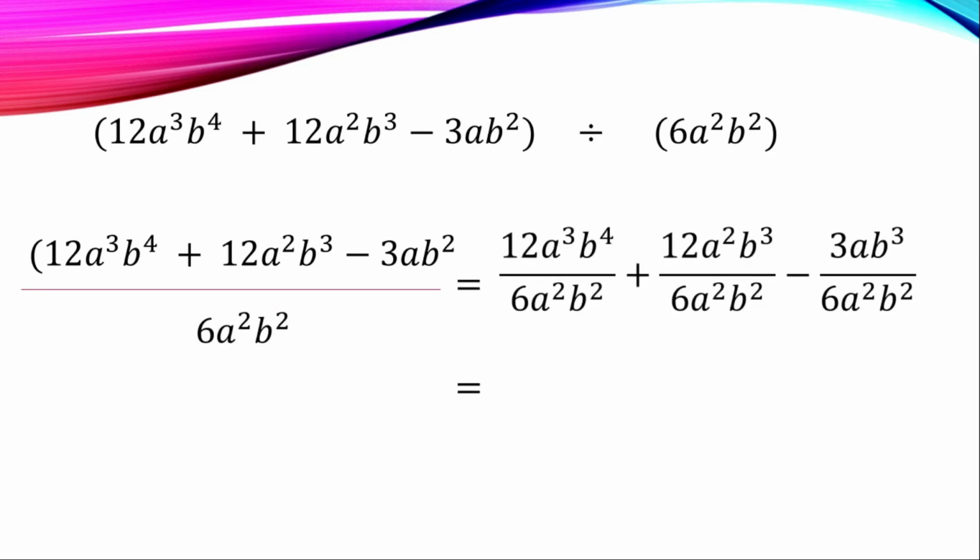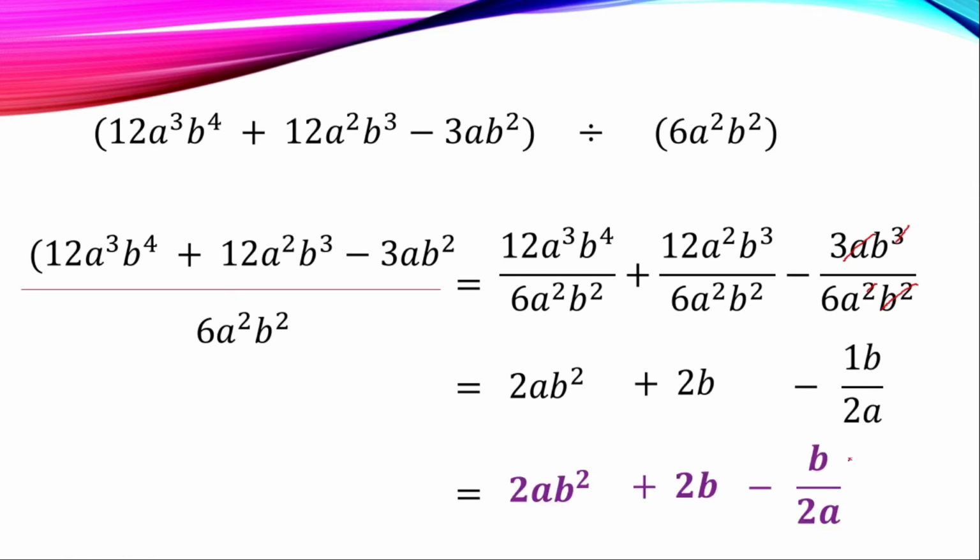And then 12 divided by 6, that's 2. And then proceed with the quotient of power rule for the laws of exponents. We have 2ab squared plus, again, 2b. And negative 1/2 b over a. And that is now our final answer.